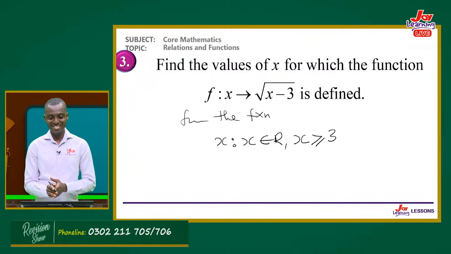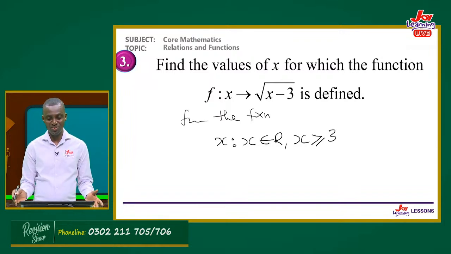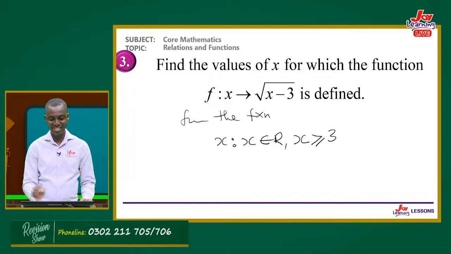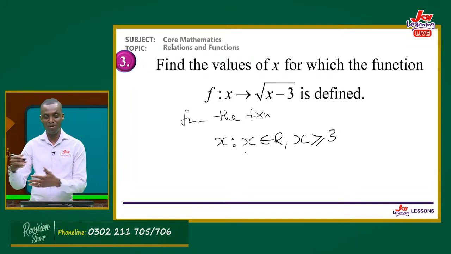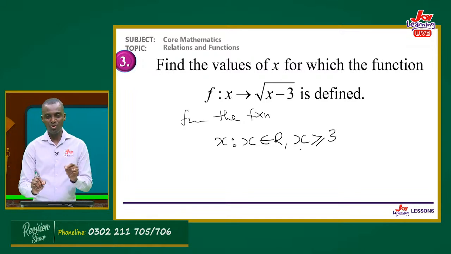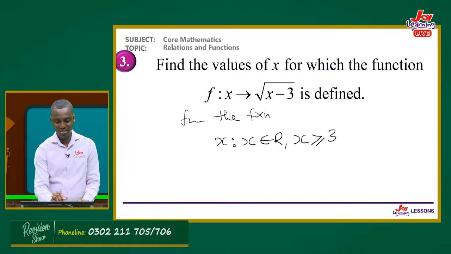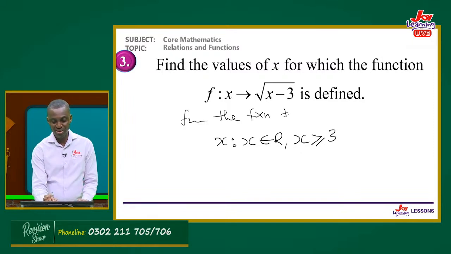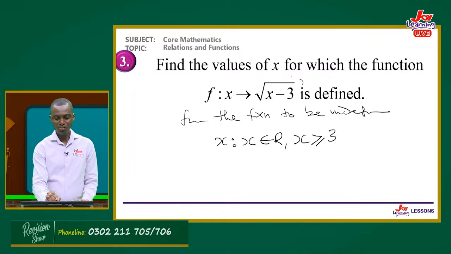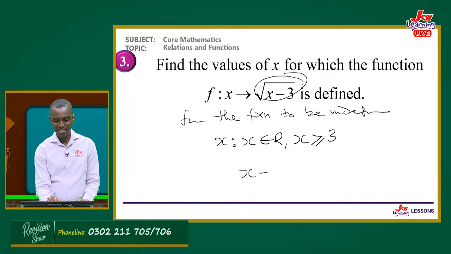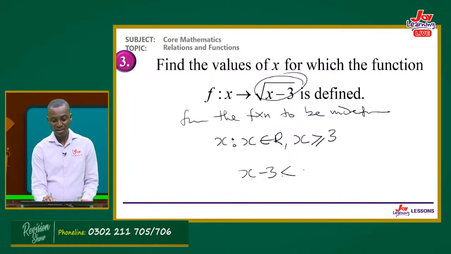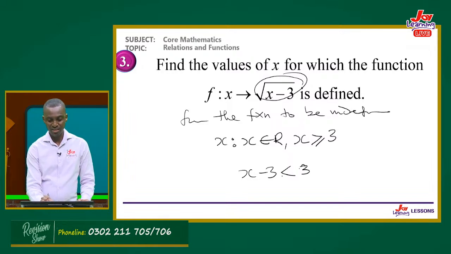So that is his answer. Let's see whether what he said is true or not. He said the answer should be S, such that S, member of all real numbers, should be greater than or equal to 3. Now, I was saying that for the function to be undefined, your X minus 3 should be a number less than 0.